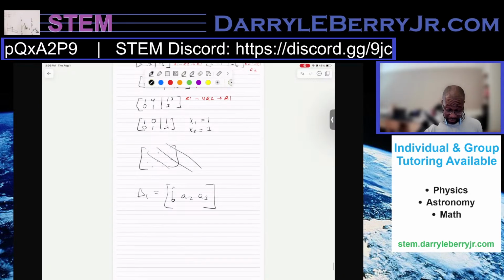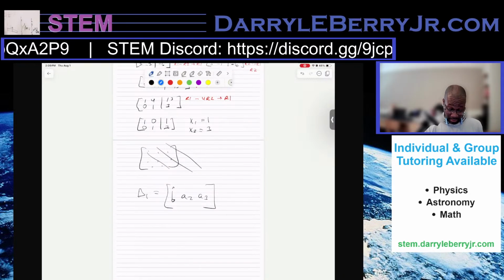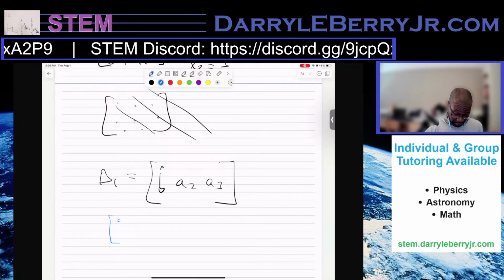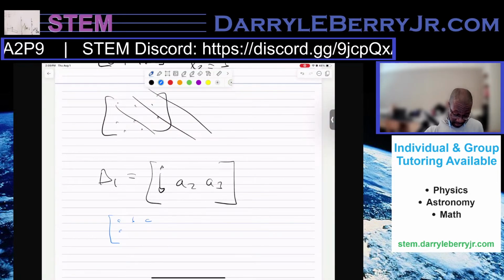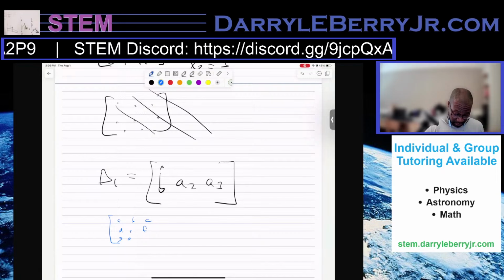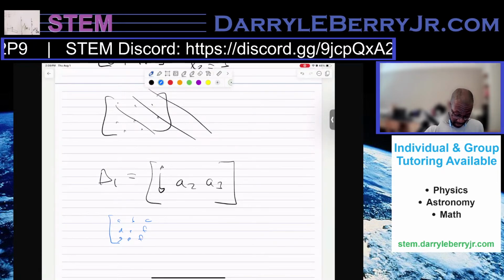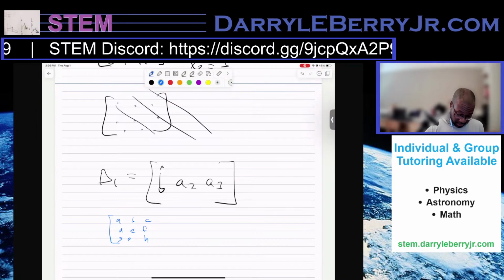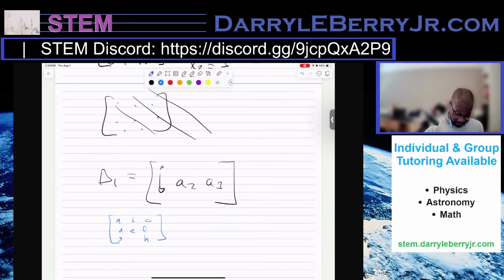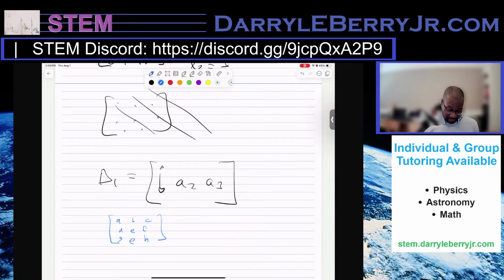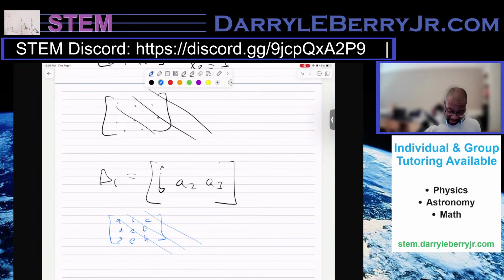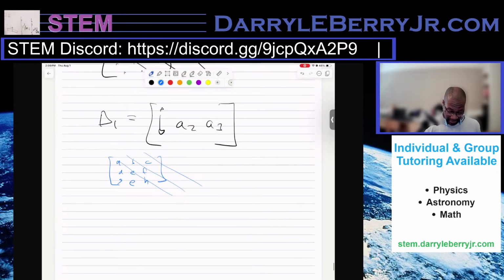Sure, easy enough. So I'll just use letters here: A, B, C, D, E, F, G, H, I. So this is my matrix. For the basket weave, all we have to do is multiply and add that way.